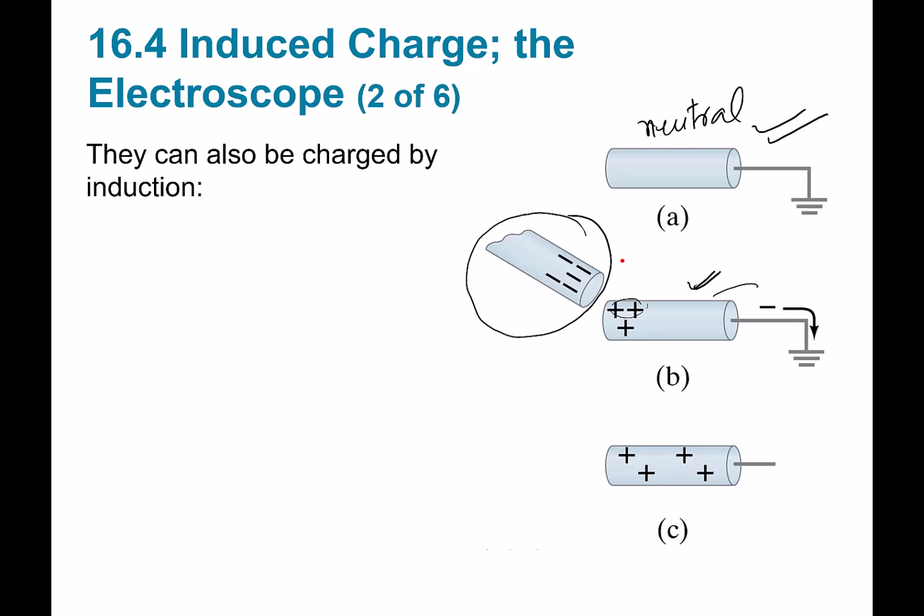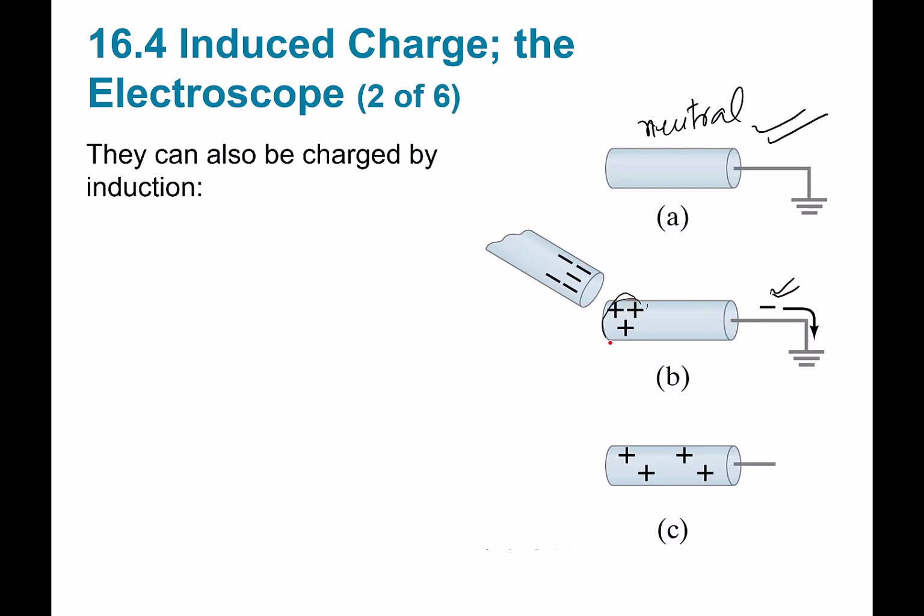So they still move within the metal towards the external positive charge. The electrons move towards this end because of the repulsion created here, because like charges get repelled. So they get repelled towards the exterior end, as you can see in the diagram.